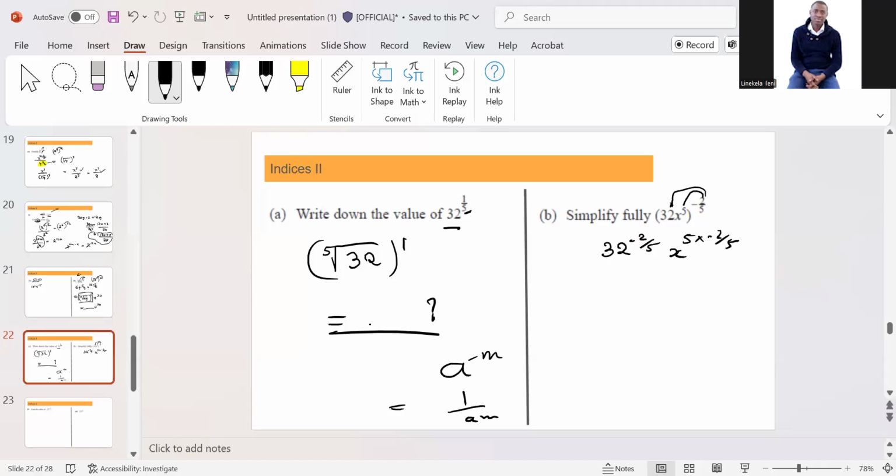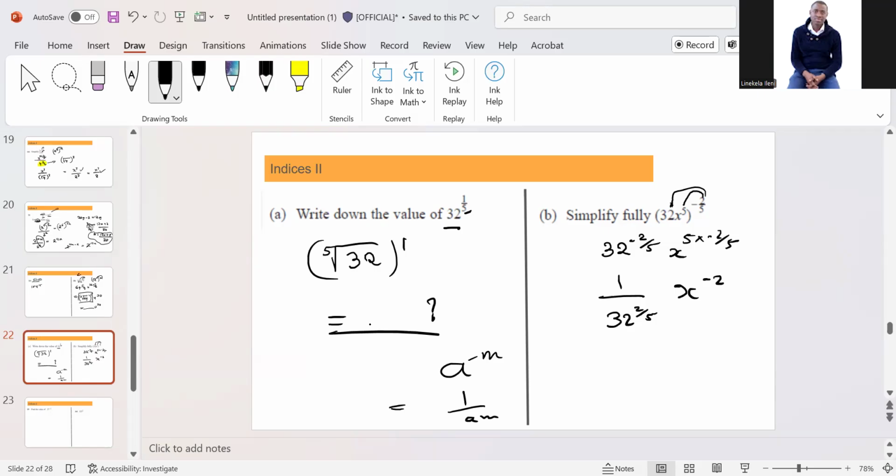So we first write this as 1 over 32 to the power of 2 over 5. Then this one is direct because it's just an exponent, so it will be 5 times negative 2, which gives negative 10, and negative 10 divided by 5 will give us negative 2.